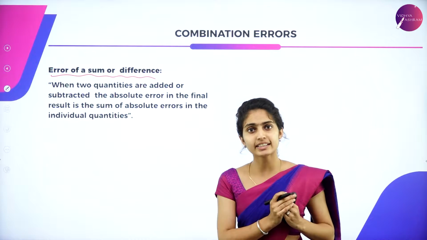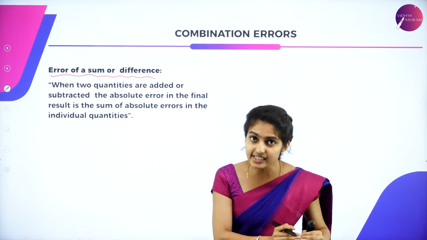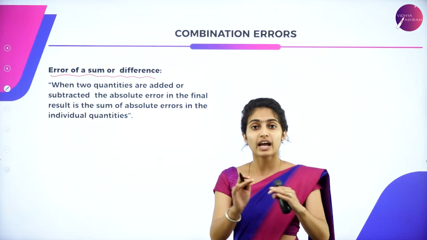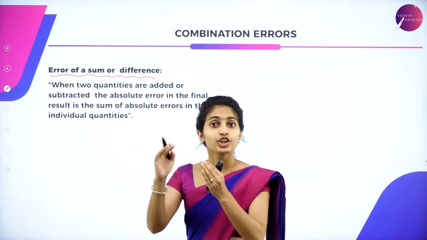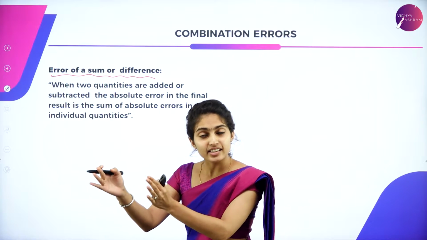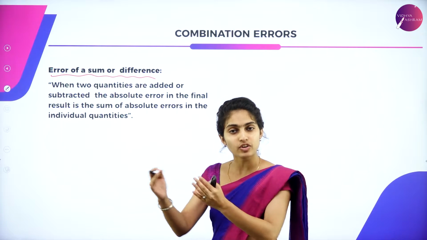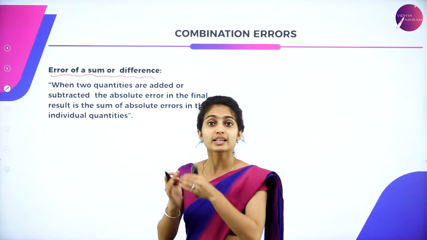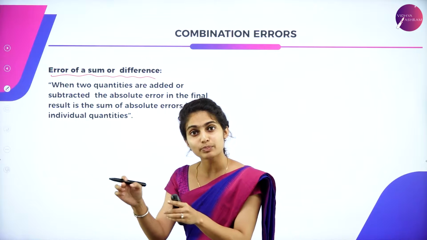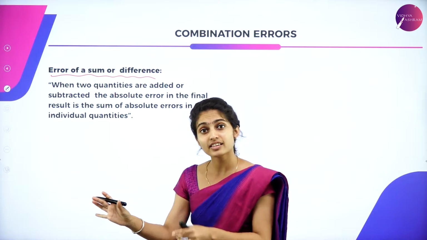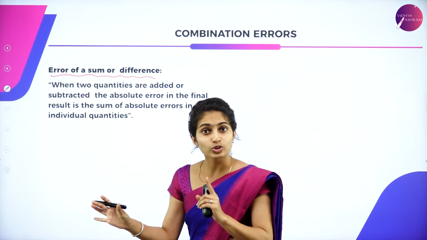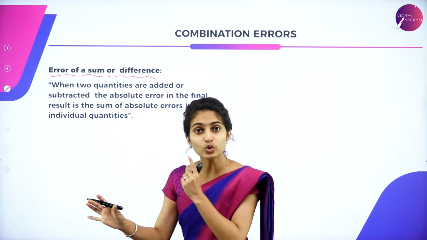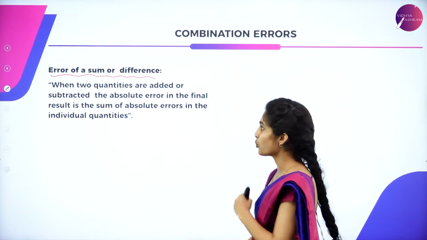Adding a quantity, its error is added itself, and if it is subtraction, you are considering the error of the same quantity, but the quantity is being subtracted here, but its error is not subtracted. According to the rule, it has to be added.